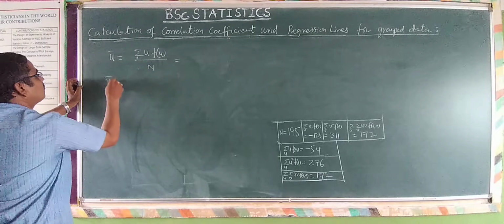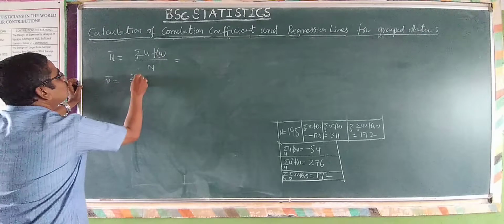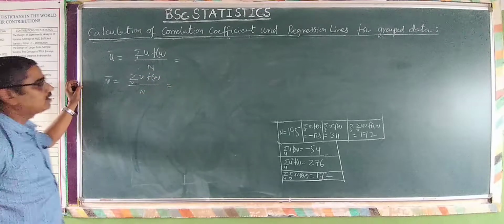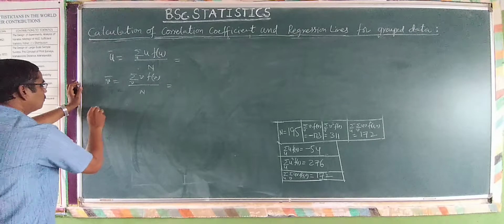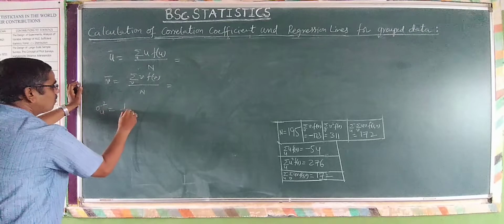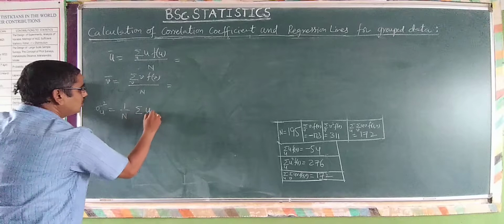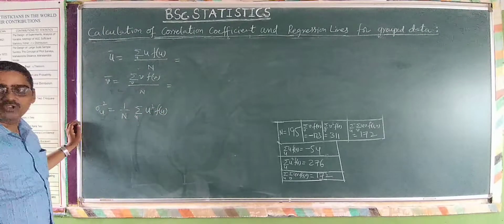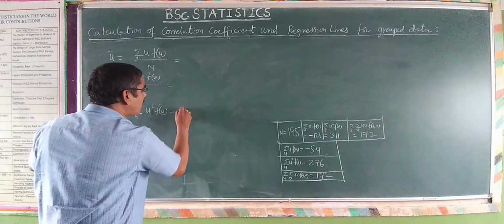Similarly, v bar is equal to summation v f of v divided by capital N. Sigma square u is 1 by N summation u square f of u minus u bar whole square.